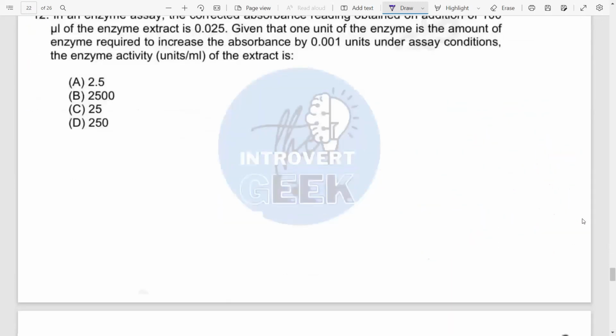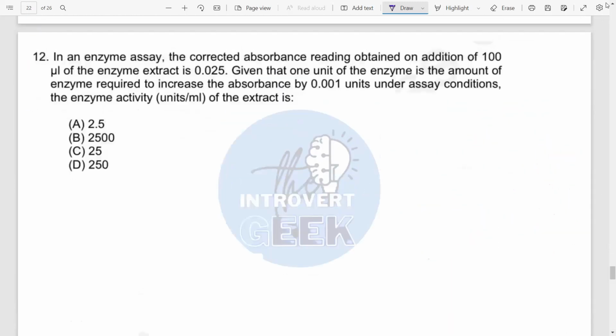Okay, sure. Next question. This is one from biochemistry, basically a logic-based question. The question says that in an enzyme assay, the corrected absorbance reading obtained on addition of 100 microliter of an enzyme extract is 0.025.